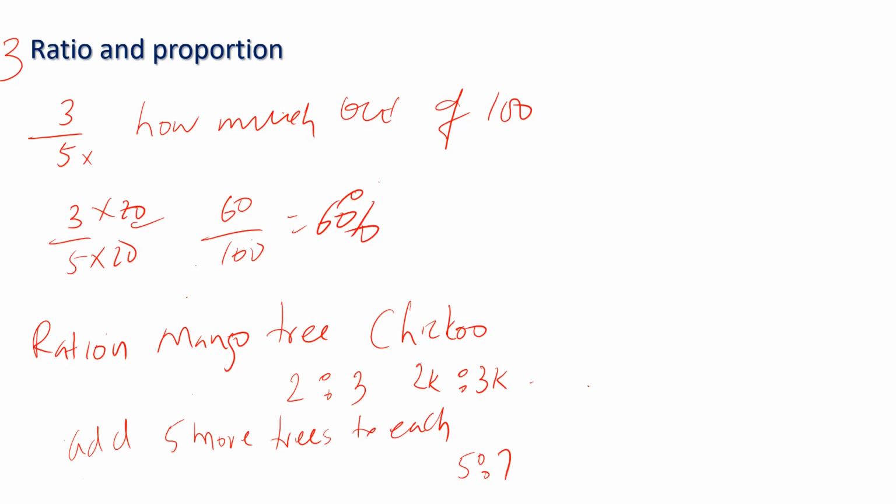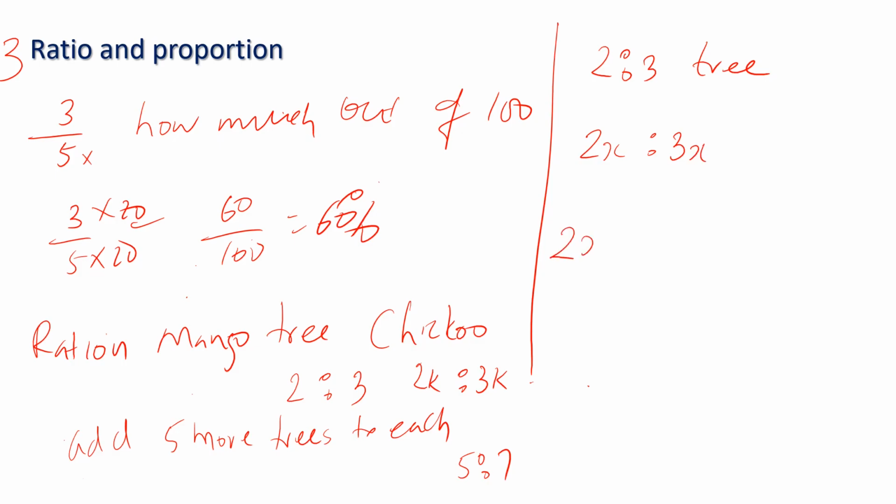So what we have to do is, the ratio of the trees, mango and chiku, is 2:3 now. It will be a multiple of 2 into x and 3 into x. Right? Yes, symbol में से हमको ऊपर जाना है.